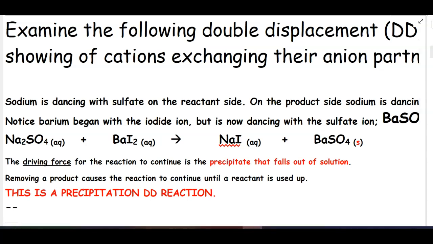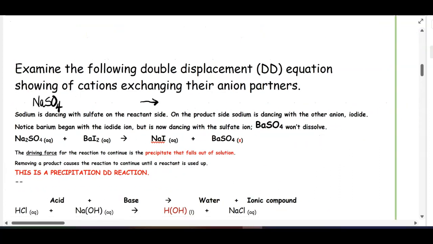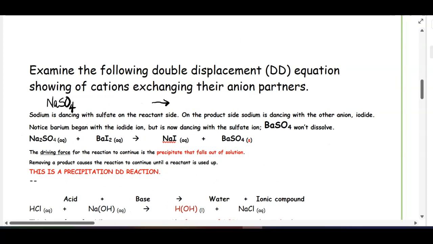Sodium is dancing with sulfate on the reactant side. It says sodium and sulfate are dancing together. That means they're in a compound. All right? On the reactant side. But on the product side, so I'll put an arrow to show, the sodium is dancing with somebody else, with iodide. All right? I'll just put the bare bones here.